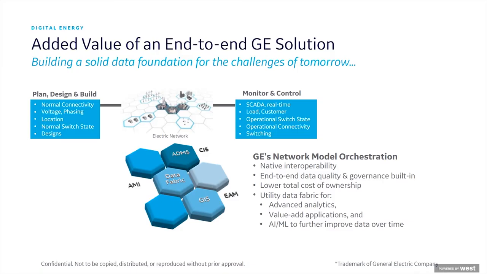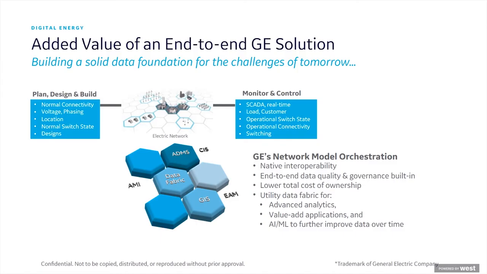So this vision of the data fabric can be used to get further value from your geospatial network model, help do simulations of weather impacts, improve storm preparedness, outage response, and really help understand how the network would behave under those different types of load and DER growth scenarios that we are all going to be facing in the future.